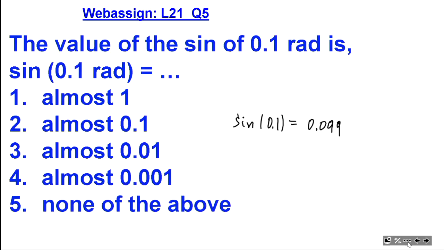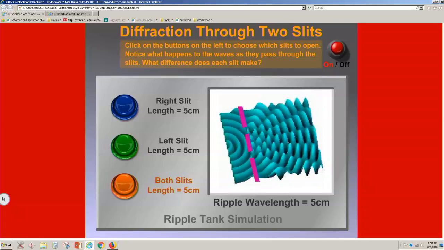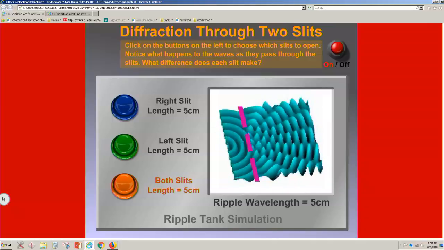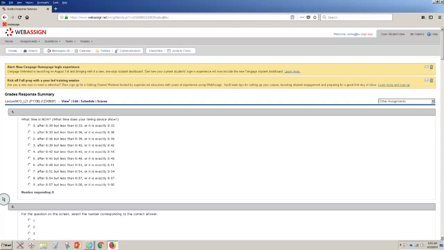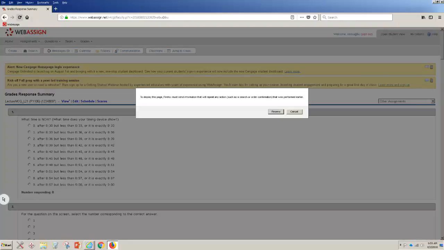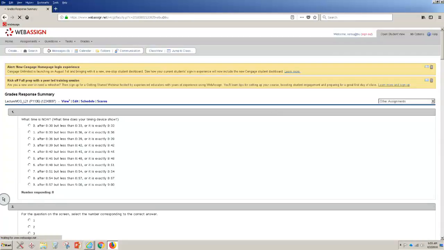Is it almost what? Let's see. This is equation number 5.